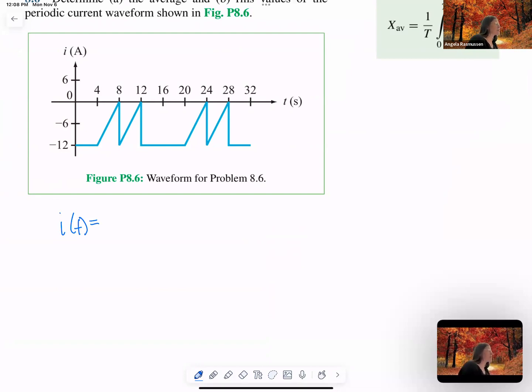I have different time periods here, right? So between 0 and 4, I can see that it's minus 12, right? So I can write this as a piecewise linear function: minus 12 with t between 0 and 4.